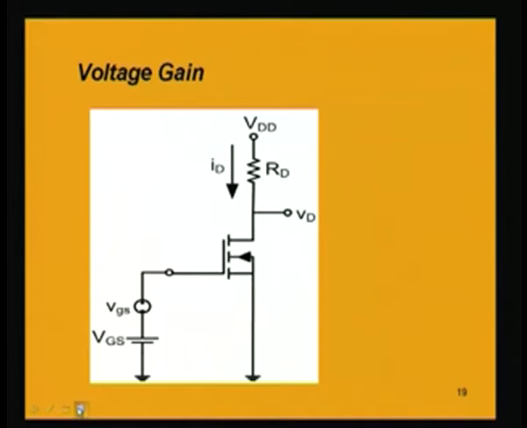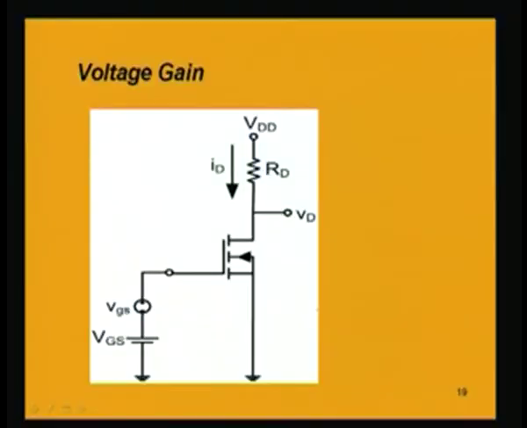As in our earlier discussion of the BJT as an amplifier, where we found the voltage gain, current gain, etc., let us also proceed to find the voltage gain for the MOSFET, and we are taking this small simple circuit as an example.